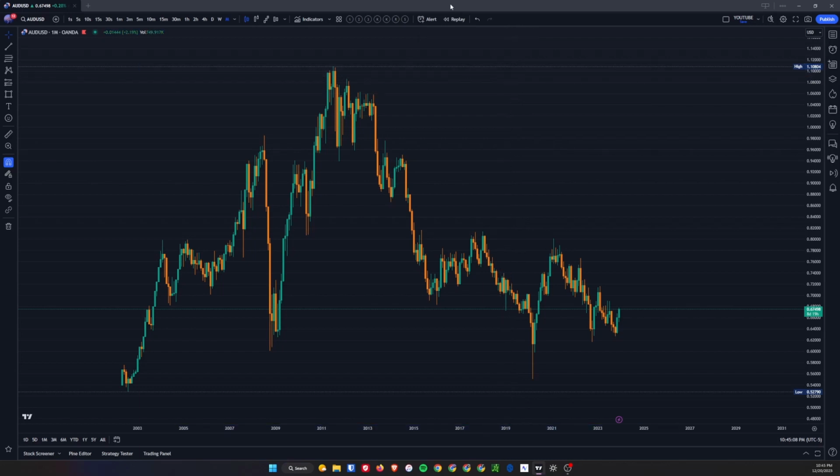Now, unless I was swing trading yearly, which technically would just be investing, I wouldn't really use these levels. This was just an example, but the majority of these levels aren't going to be of interest to me because I'm not holding for multiple years.